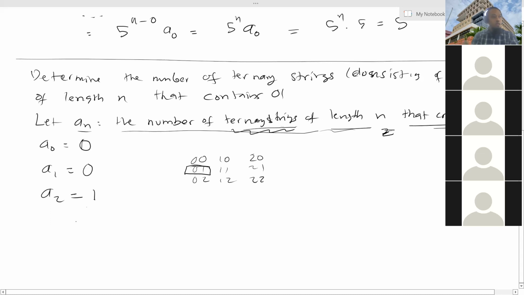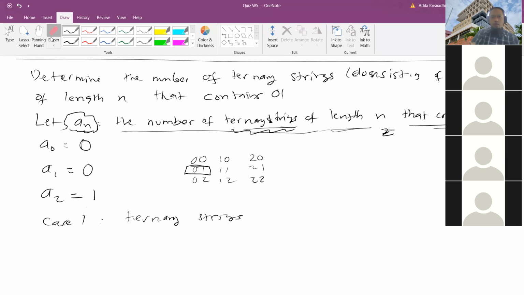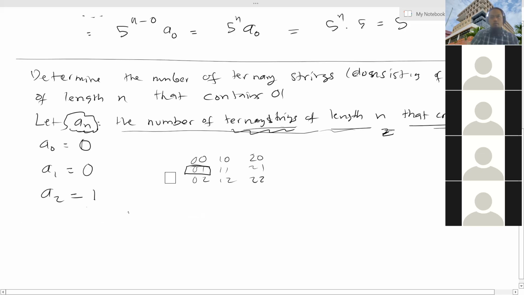So we want to compute this for general An, right? So let's divide into 2 cases. Let me do it this way.